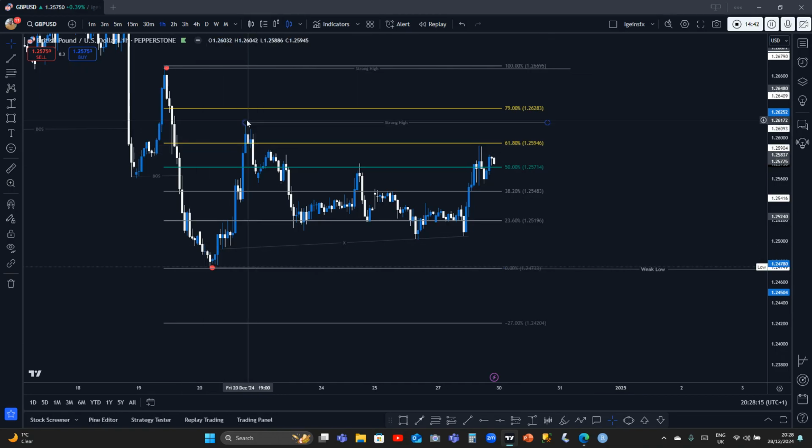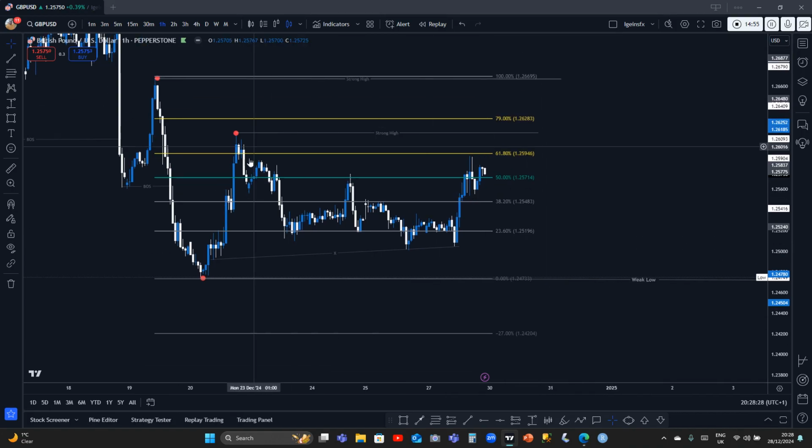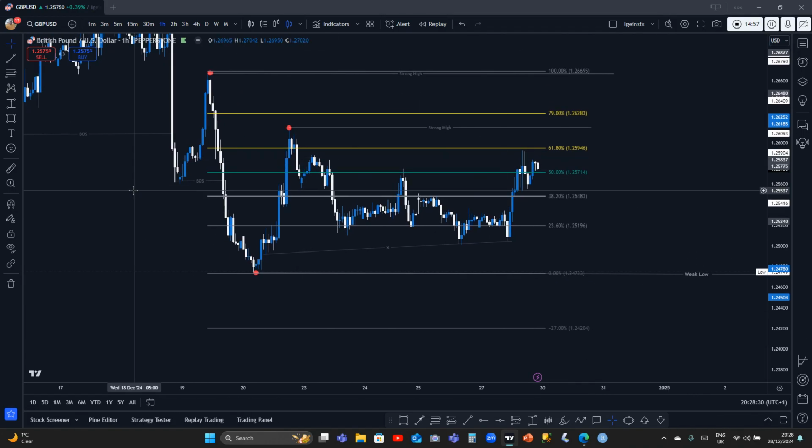So since price action has already created another high here, what you should be seeing now is a bearish run to the downside. So that is what is on GU.